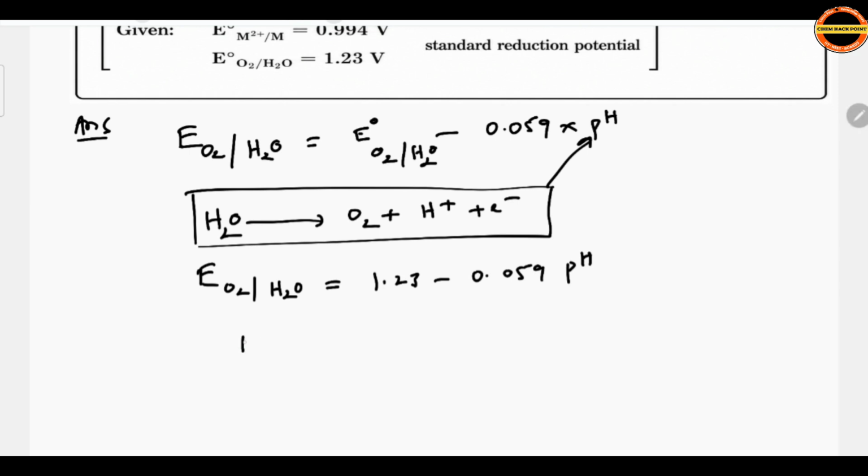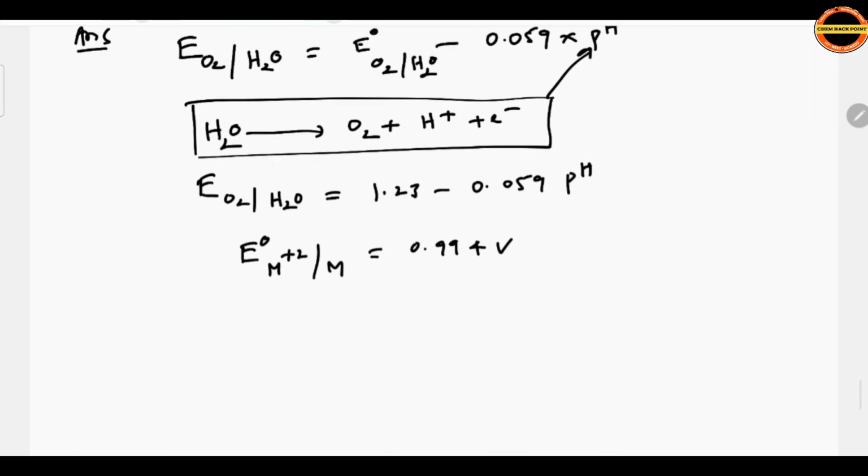Then another value, E0 of M plus 2 to M, is given as 0.994 volt. It is a reduction. The first one is the oxidation part, and the other is the reduction part.